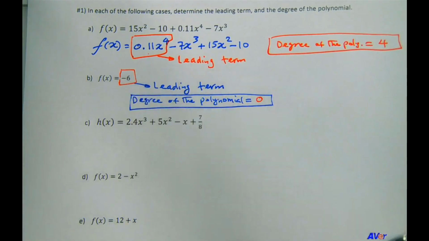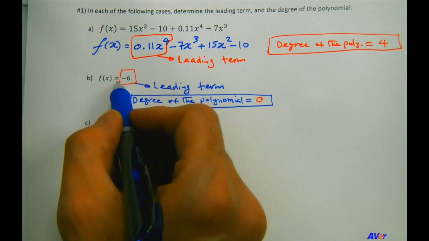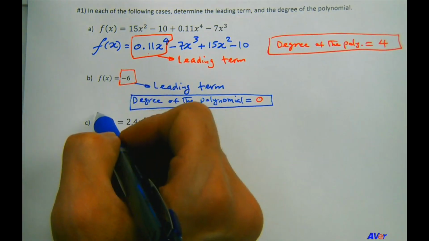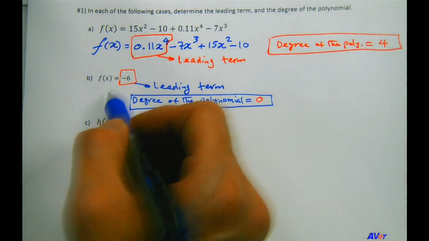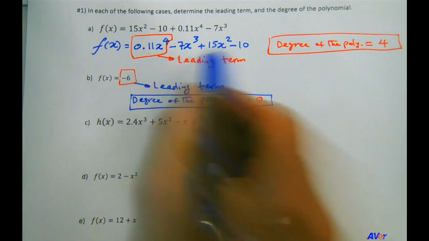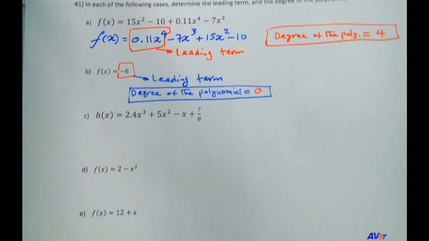There is none of the x terms present here, so the degree is 0. If we did have an x, suppose we had x minus 6, then the degree of the polynomial would be 1. But in the absence of any independent variables, the degree of the polynomial is 0.